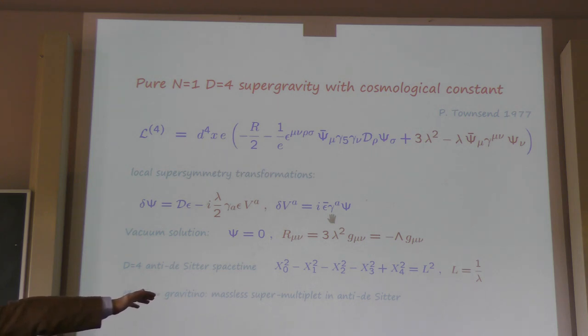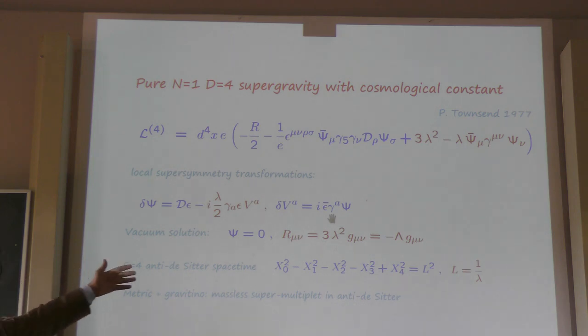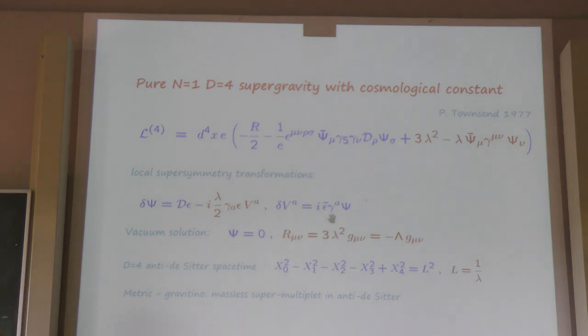They extended the positivity theorem proven by Witten in 1981 to anti-de Sitter. And they proved that anti-de Sitter is the lowest energy solution; it defines a lower bound for the energy.